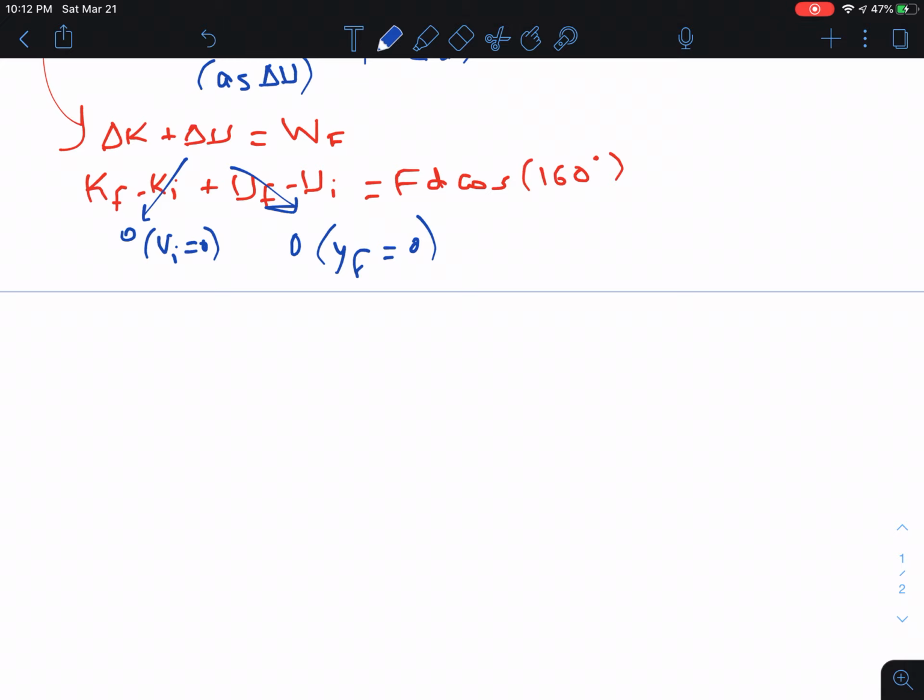K is 1/2 m v final squared. And be careful with the signs. Minus U i, potential energy, it's m g y initial, right? So I'm writing the energy terms in their form, and that's equal to F d cosine 160.